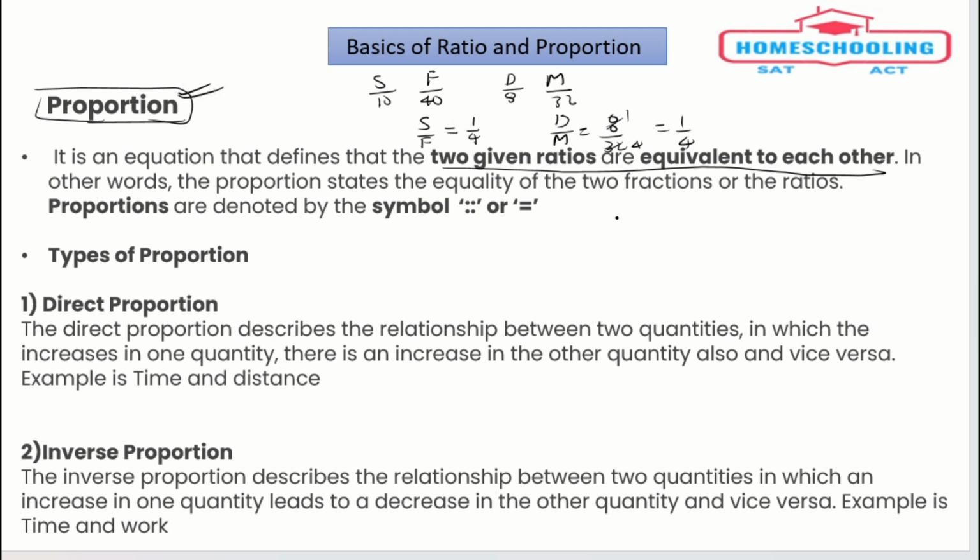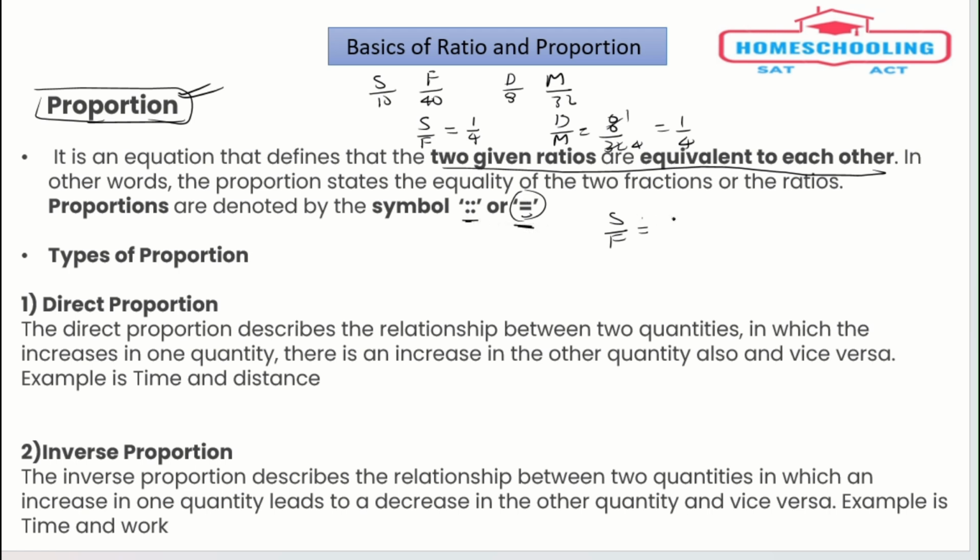That is proportional. So we can say that son by father is equal to, as we see, proportional is denoted either by these four dots or the equal to sign.